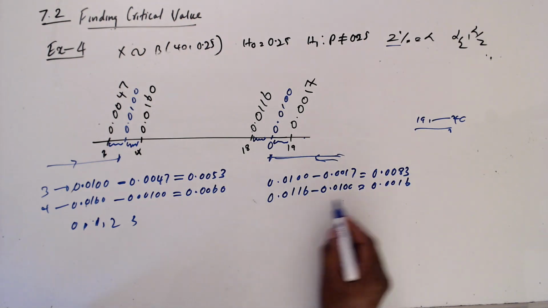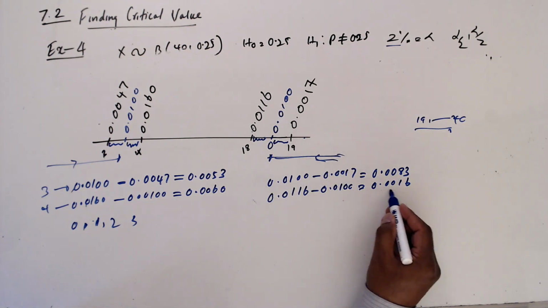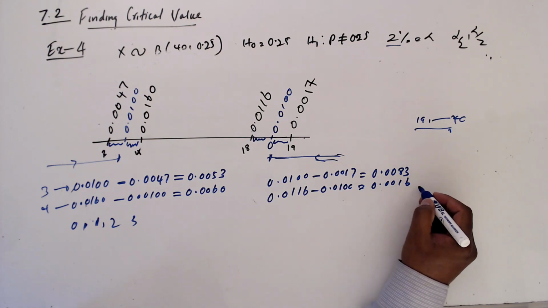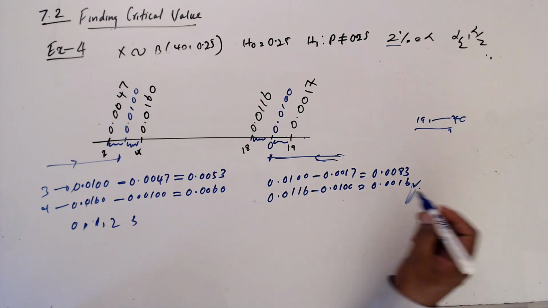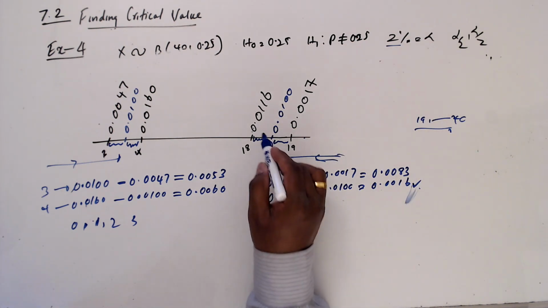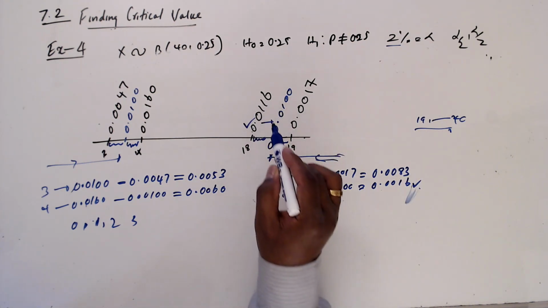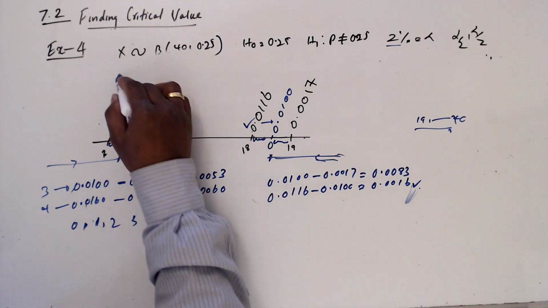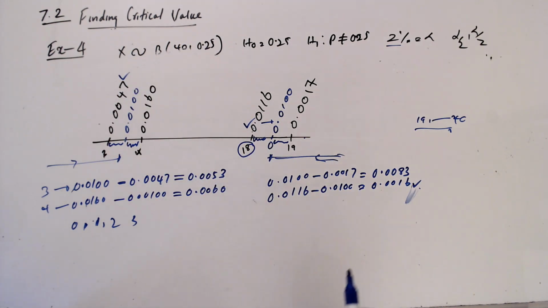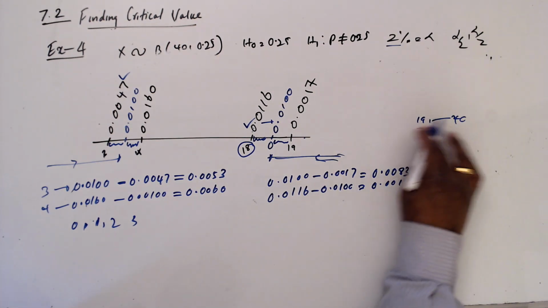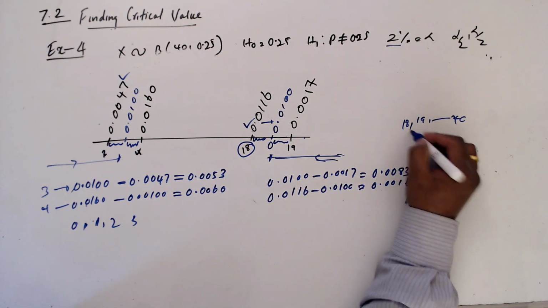So that difference is 0.0016. Now we can see this is much closer. This value is closer to 1. So then we are taking 18 as well. So this is the only way when we do the two-tail test.